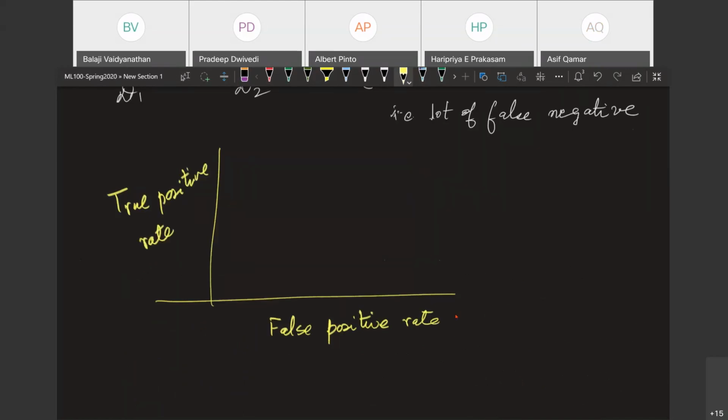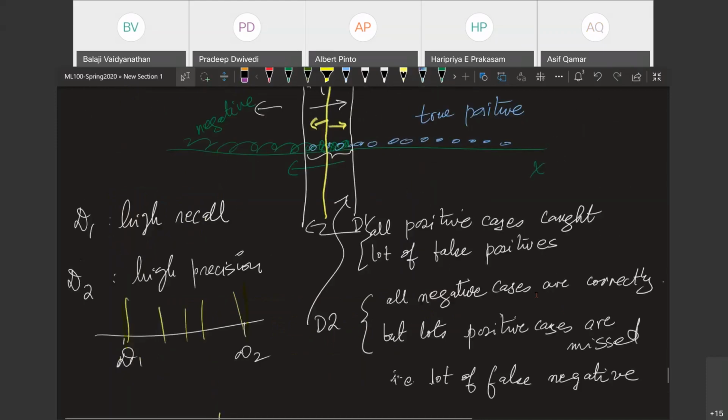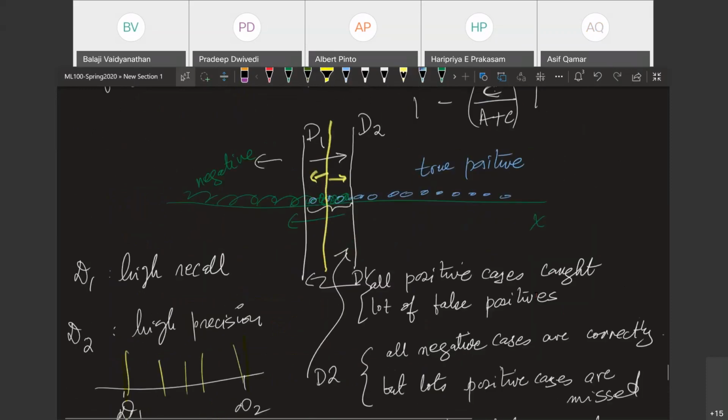Right? So now, look at this. Your true positive rate means how much of the true things you caught. And what happens in the beginning? When that false positive rate is 0, when can you have a 0 false positive rate?